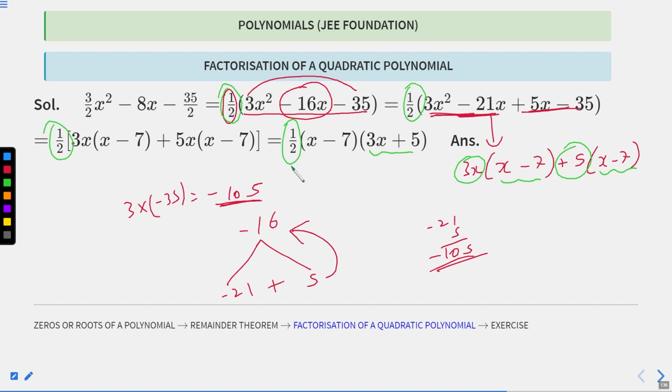Okay, so now the final factorized form will look like this. I hope you are now getting quicker at factorizing quadratic polynomials. Okay, so I hope this becomes clearer as you do more and more problem solving.